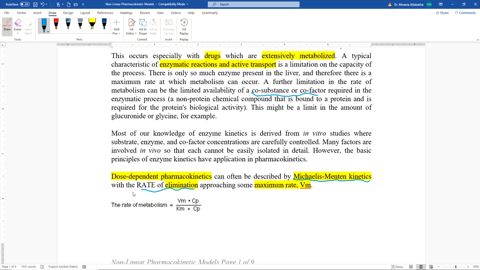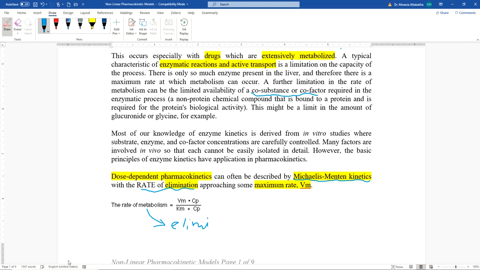Okay, so what is this equation? It says that the rate of metabolism, and at the same time, because here I'm saying that the drug is mainly and extensively metabolized in the liver, so mainly this will be the rate of elimination.